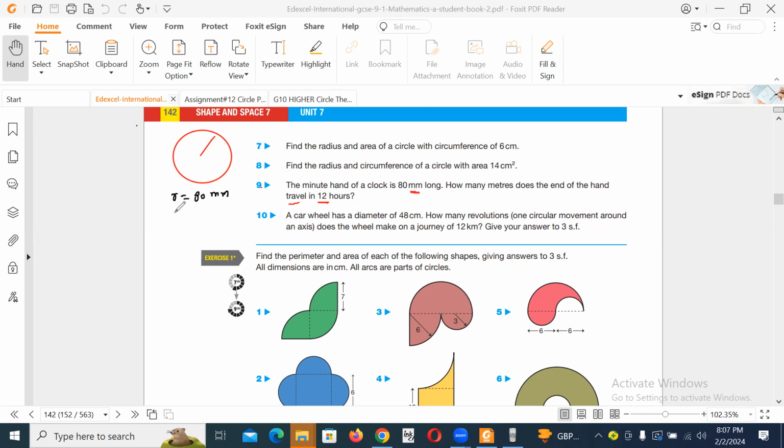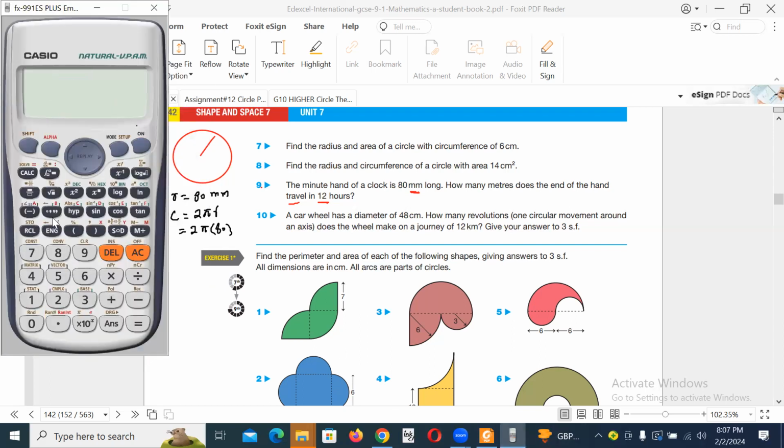If the radius is given, we can easily find the circumference. What is the formula of circumference? 2 pi r. So just replace the value: 2 pi r with r as 80, and you can check in the calculator. 2 multiply shift pi and bracket open 80.